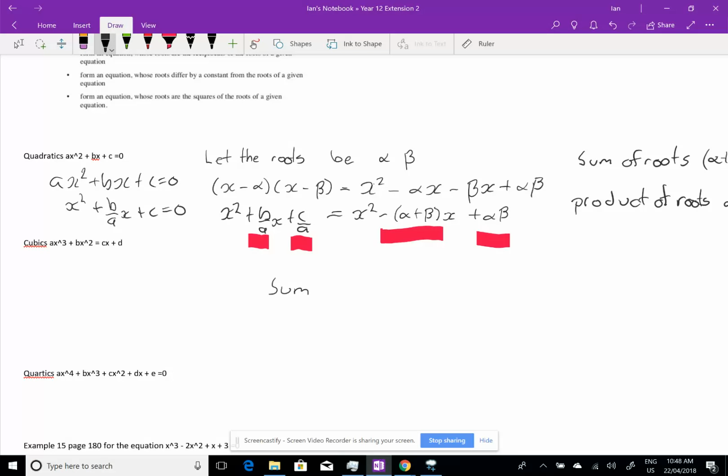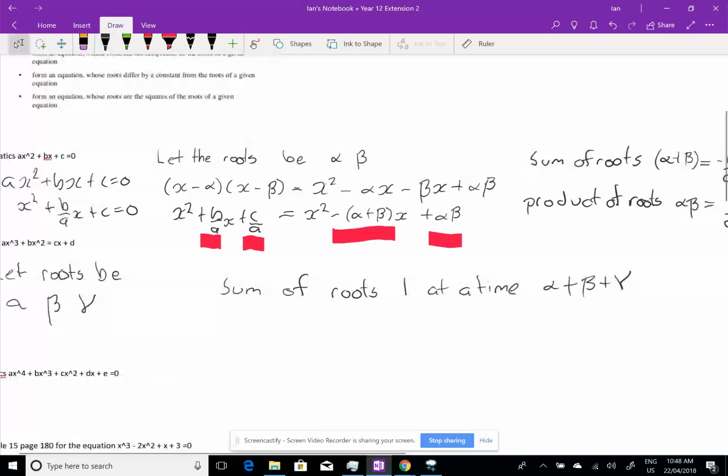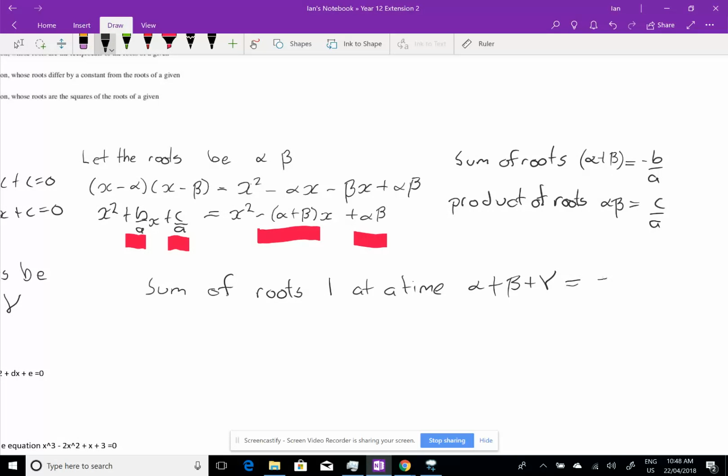We let the roots be alpha, beta, and gamma, and the sum of the roots, one at a time, so alpha plus beta plus gamma, will always equal minus b on a.